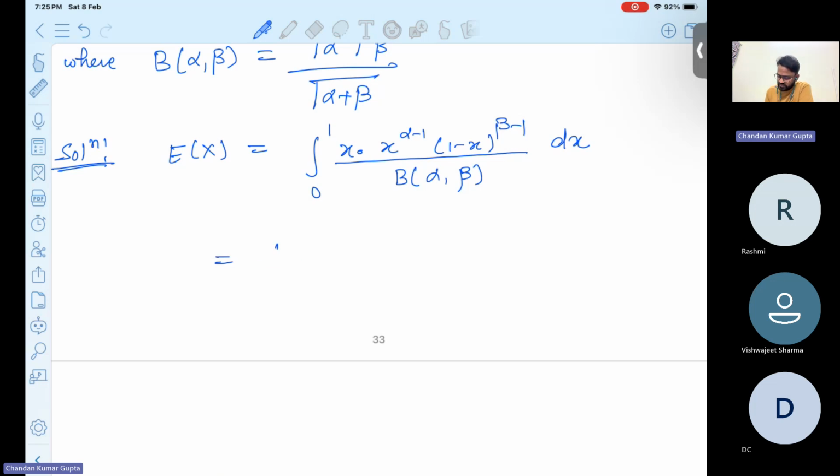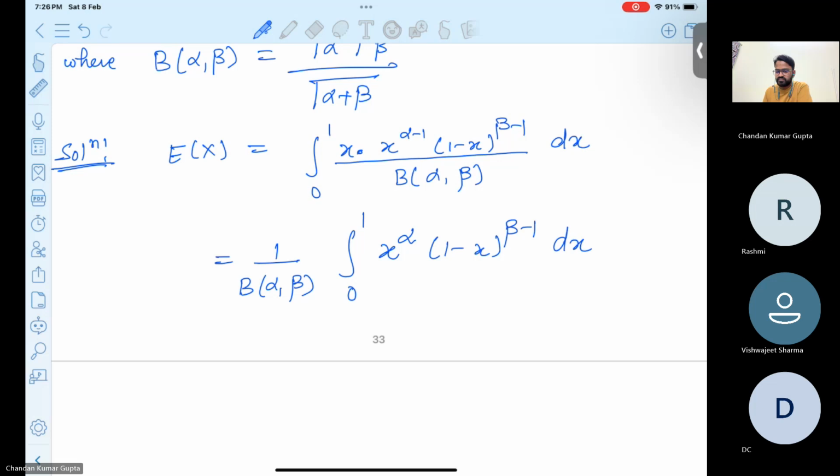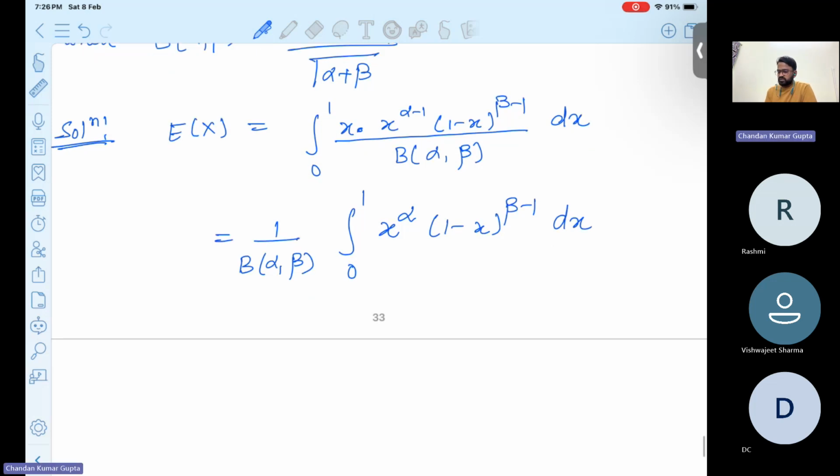So we can take it out from the integral sign, 1 over beta of alpha beta, and the integral is 0 to 1 x to the power 1 and x to the power alpha minus 1 comes out to be x to the power alpha, 1 minus x to the power beta minus 1 dx. Okay, so this is okay.